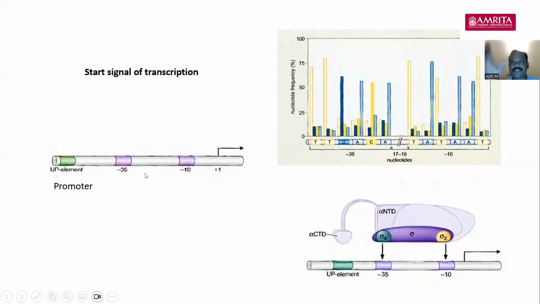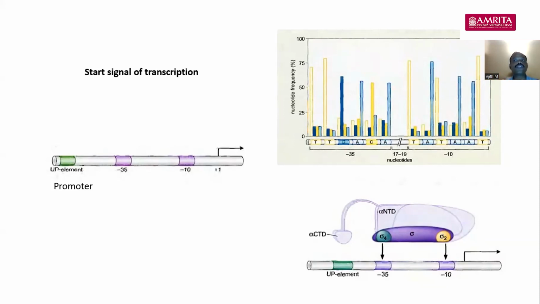So that particular start point has certain features that help the transcription machinery to identify it. These features seem to be very common across different organisms, across different genes. So there seems to be some consensus in the structure.